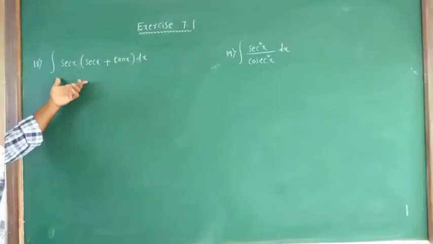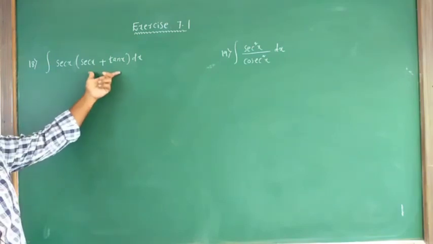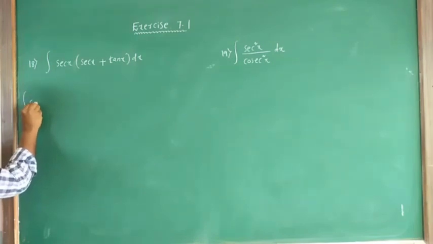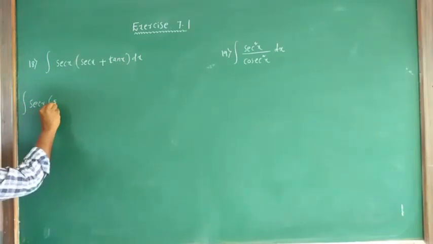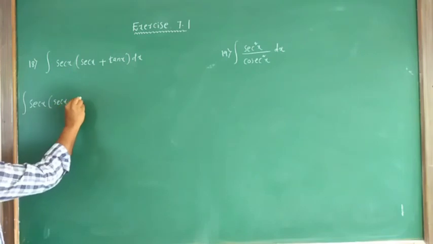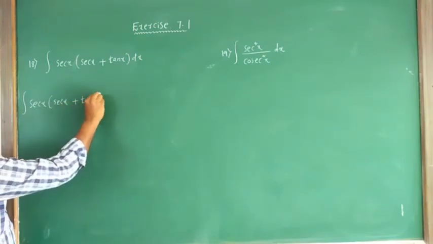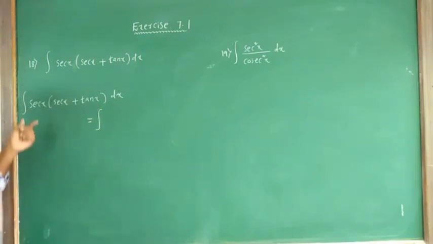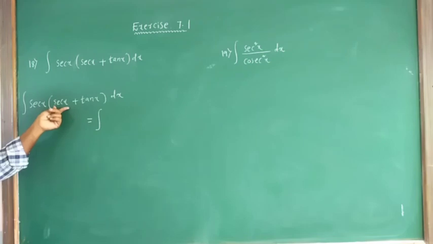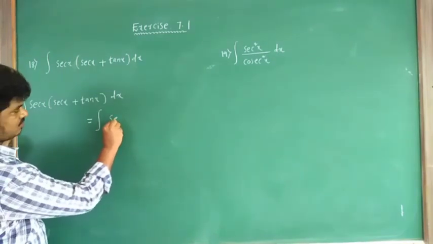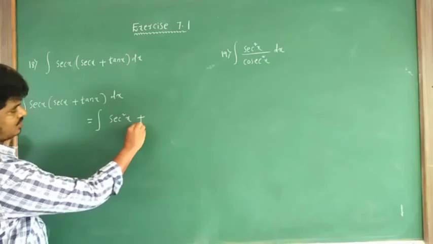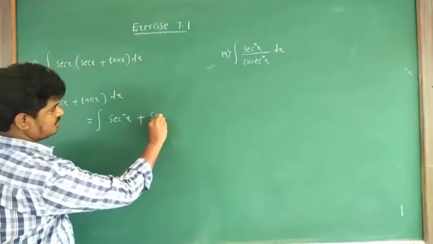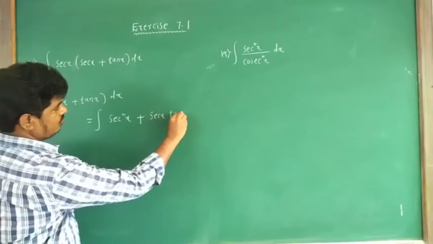What is the integral of secant x into secant x plus tan x dx? It is equal to the integral of, first multiply secant x into secant x, secant square x, plus secant x into tan x, secant x tan x dx.